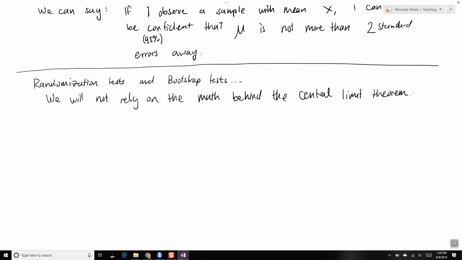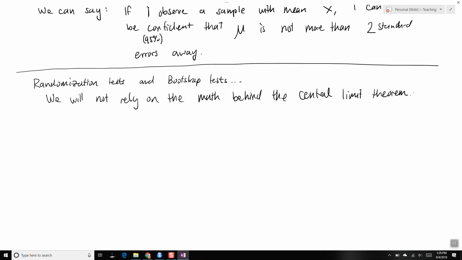So if you end up in a situation where you don't know the shape of the population and your sample size is not over 30, then you're taking a risk. It's dangerous to use the central limit theorem.